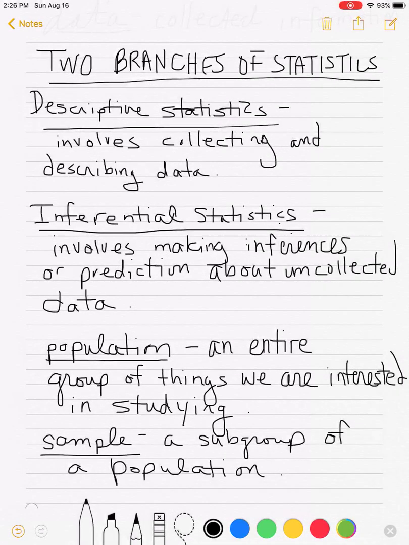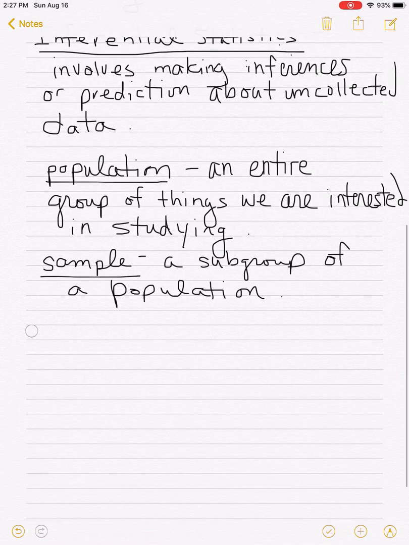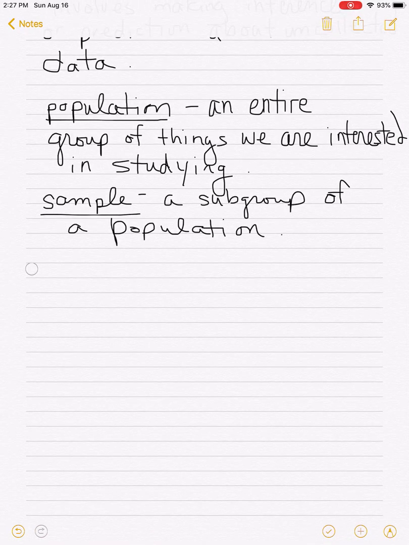And oftentimes the way we pick a sample, we pick it randomly. What does it mean to pick a sample randomly? It means there's an equal chance that each individual gets picked. All right? So a sample is a subgroup of a population.